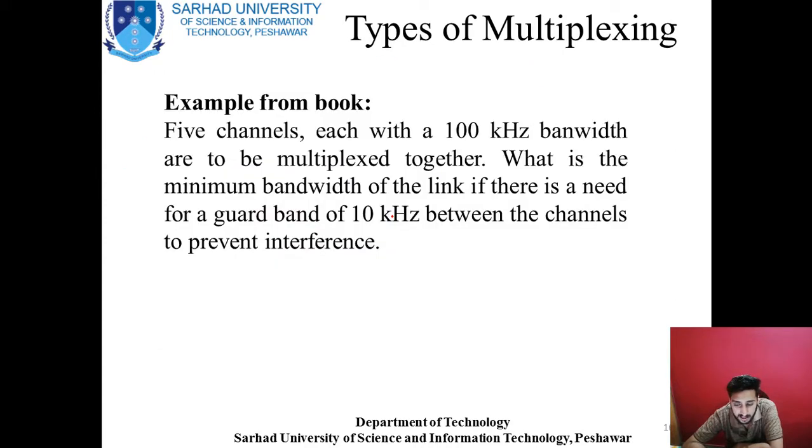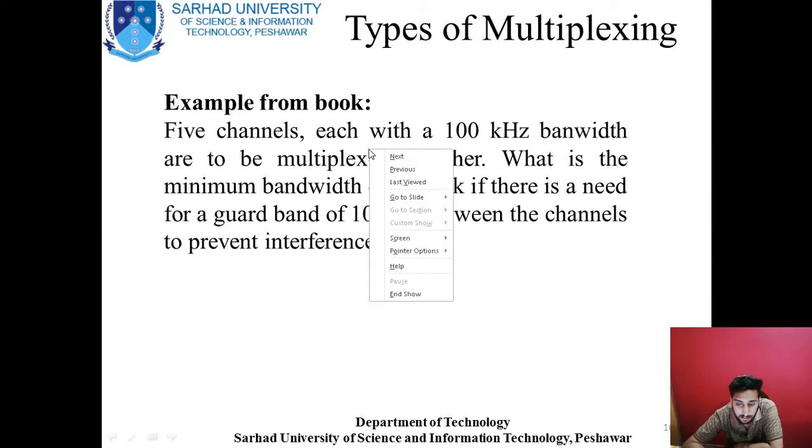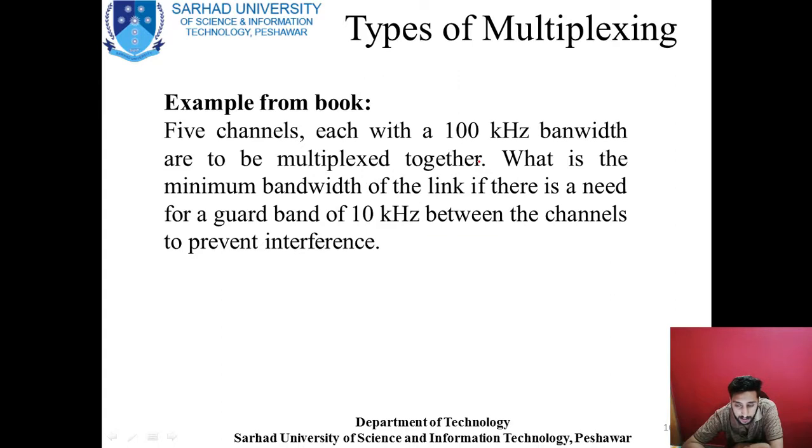This is another example, and it is asked to allocate. You are given 5 channels, and each channel is of 100 kilohertz, and they need to be multiplexed. It is asked what is the minimum bandwidth required of the link if there is a need for a guard band of 4 kilohertz.